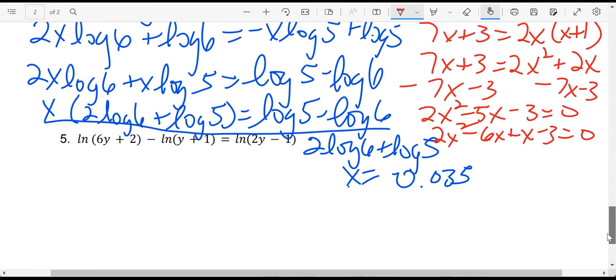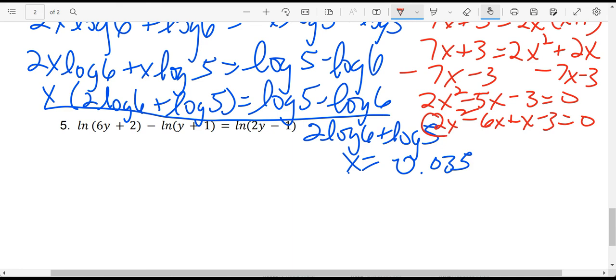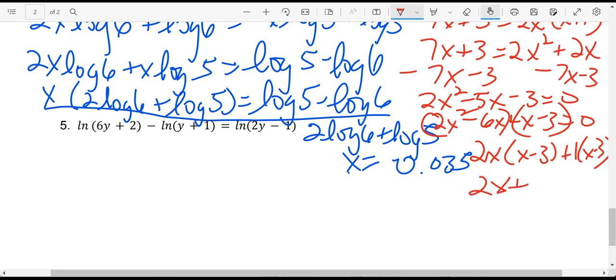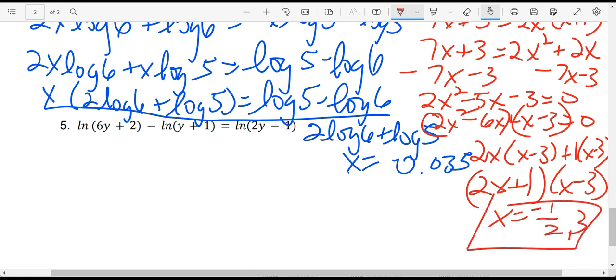And factor. And get 2x out. Left with x minus 3. Take out a 1. And we'll get 2x plus 1 times x minus 3. Two solutions: x is equal to negative 1/2 and 3.